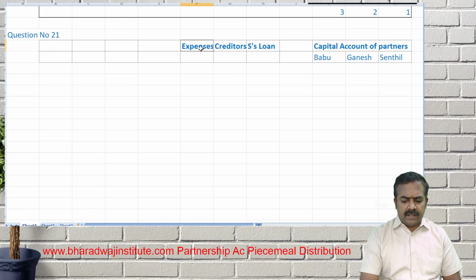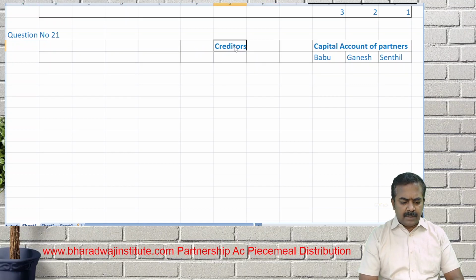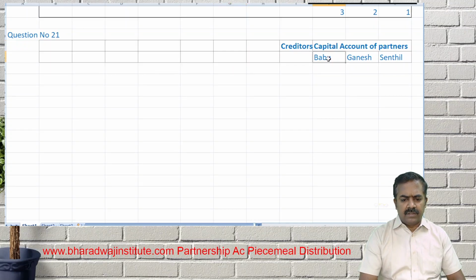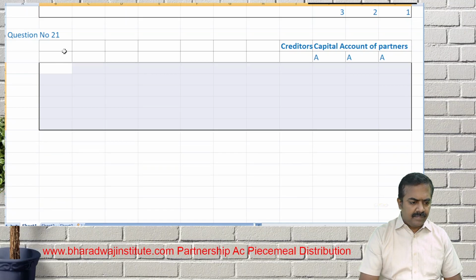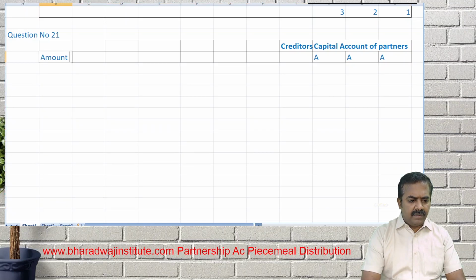Whether we have to pay creditors, if there is any loan, no loan. Creditors only we have to pay. Then capital accounts of partners. What are the capital accounts? Anusha. What is the amount payable?